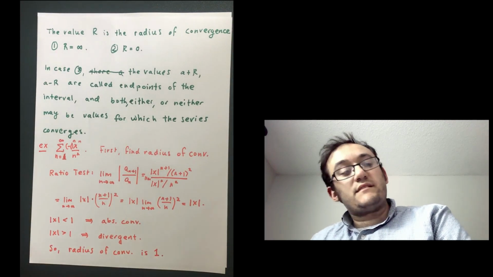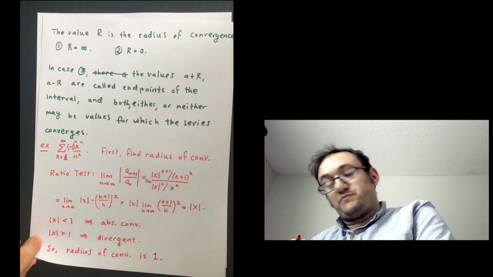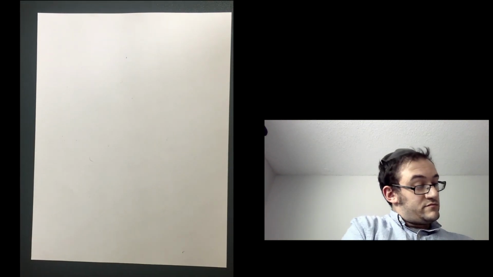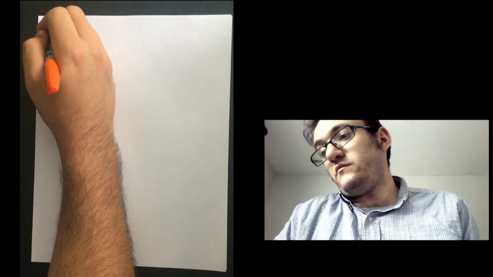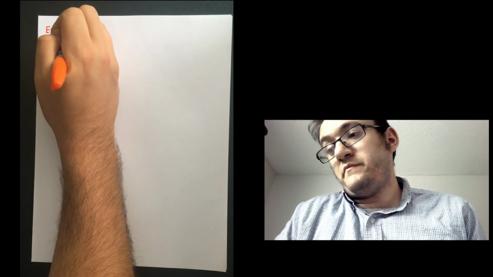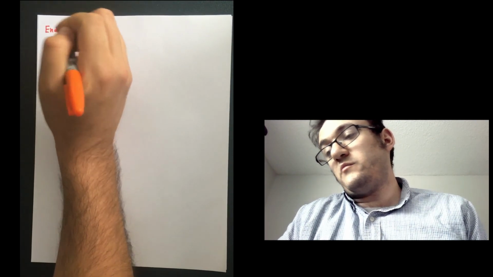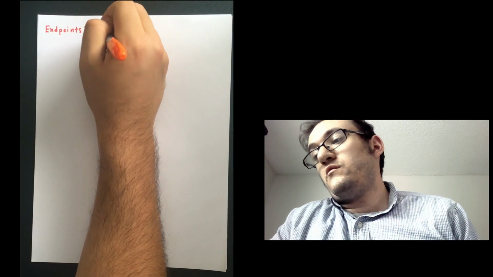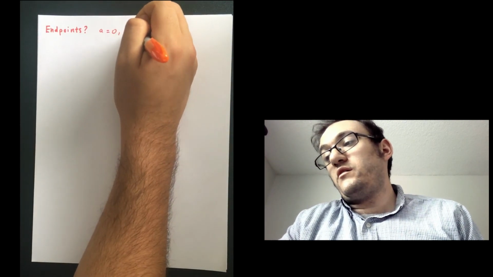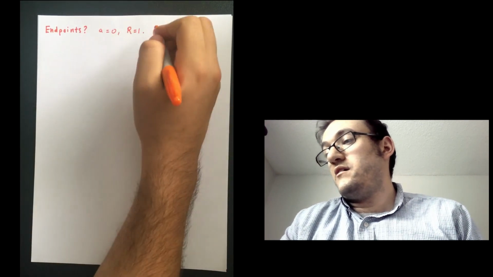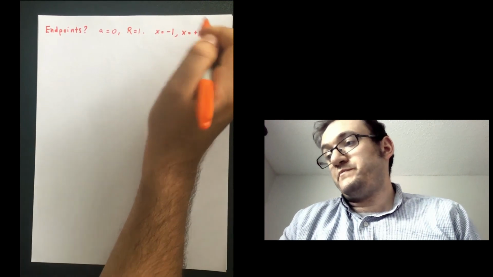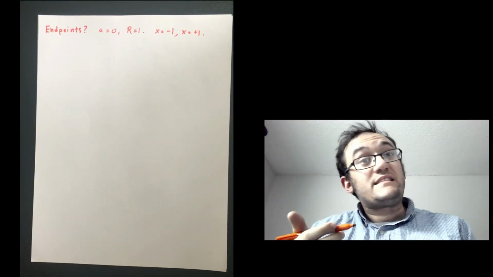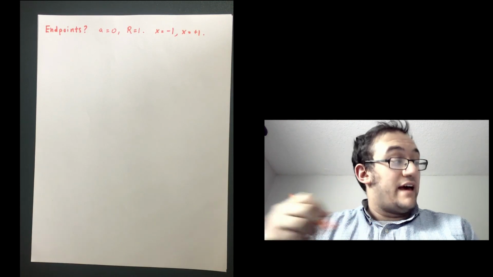Now let's consider what happens on the endpoints of the interval. Our center is a equals 0 and r equals 1, so our endpoints are x equals minus 1 and x equals positive 1. Let's see what the value of the series is at those endpoints.